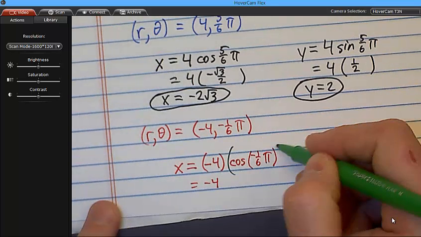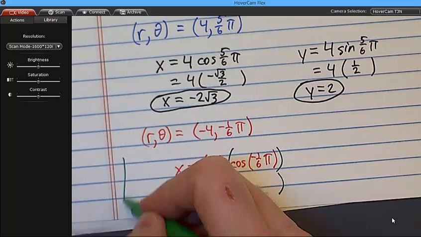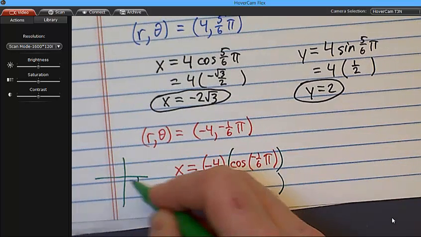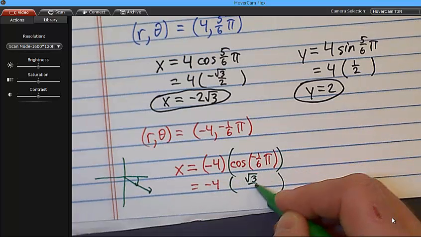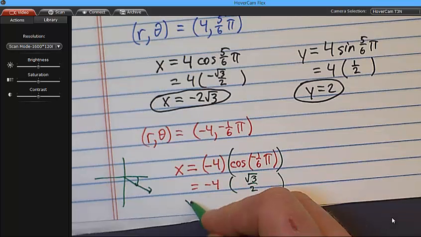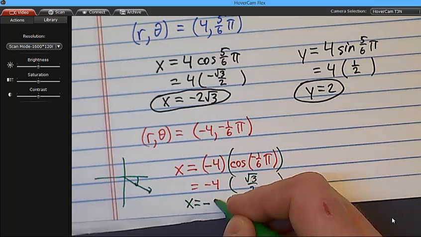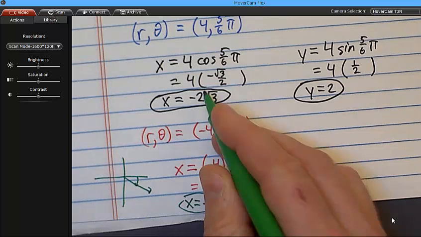Do you guys know the cosine of -1/6 pi? Let me draw that again. Well, that's rotating down here, right? And so what would it be? That one's positive square root of 3 over 2. So I still have a negative times a positive. I'm still going to get x equals -2 square root of 3, just like I did up above. So no, it won't matter.